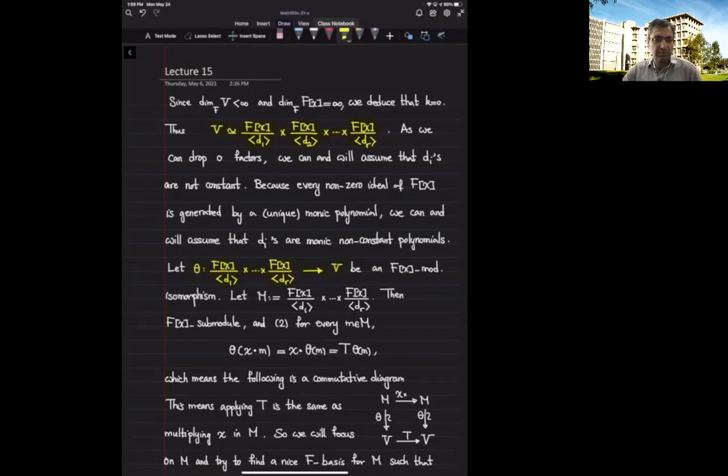That's the key. We started with this linear operator T, we want to understand it, and then we introduced this module structure on V that uses the linear transformation T. And now we have a fairly good understanding of the module structure. We go back to the linear transformation and try to see what we can say about it.